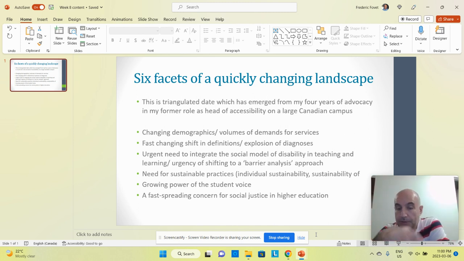Here we're talking, and there's a bit of tech missing there, about individual sustainability. More and more you have teachers who are saying, I cannot do inclusion the way I'm supposed to do it. So again, through adaptation, etc., we have sustainability of teaching practices.